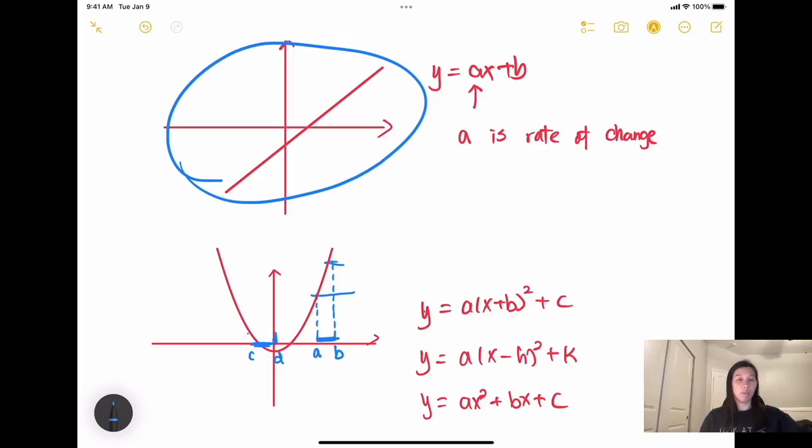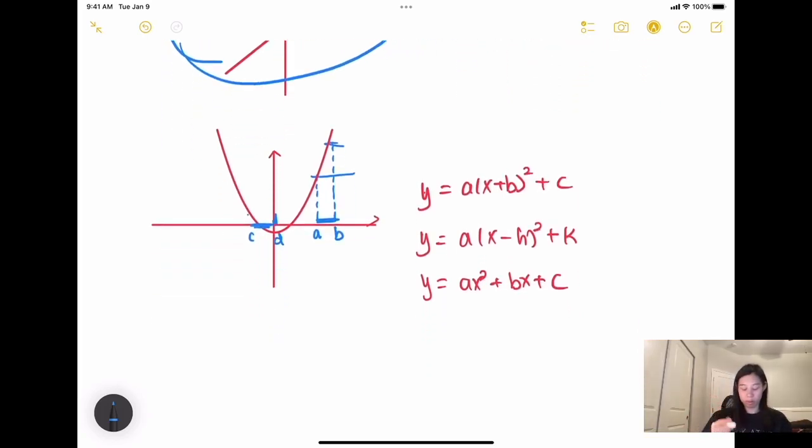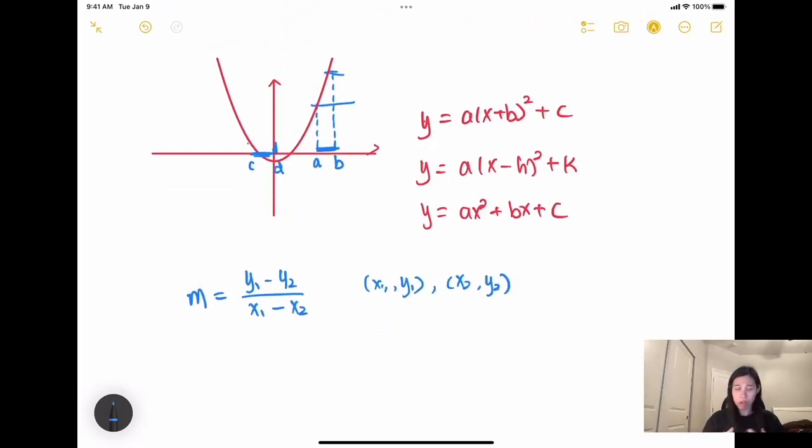So remember, how do we find slope? Slope m is equal to y1 minus y2 over x1 minus x2. So how do we define y1 and y2? x1, y1 and x2, y2 are just two given ordered pairs, right? Now that we've learned function notation, we don't use y anymore, we use f of x.